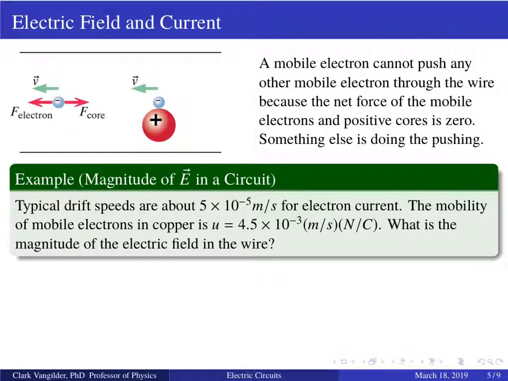All right, here we go. Finally, we reveal your typical drift speed, 10 to the minus 5 meters per second. We're talking fractions of millimeters.